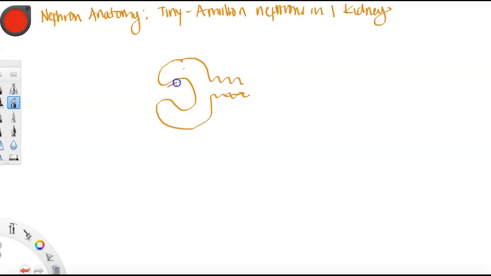So the capillaries are in here. This is just a bunch of capillaries inside of here. This knot of capillaries is called the glomerulus.